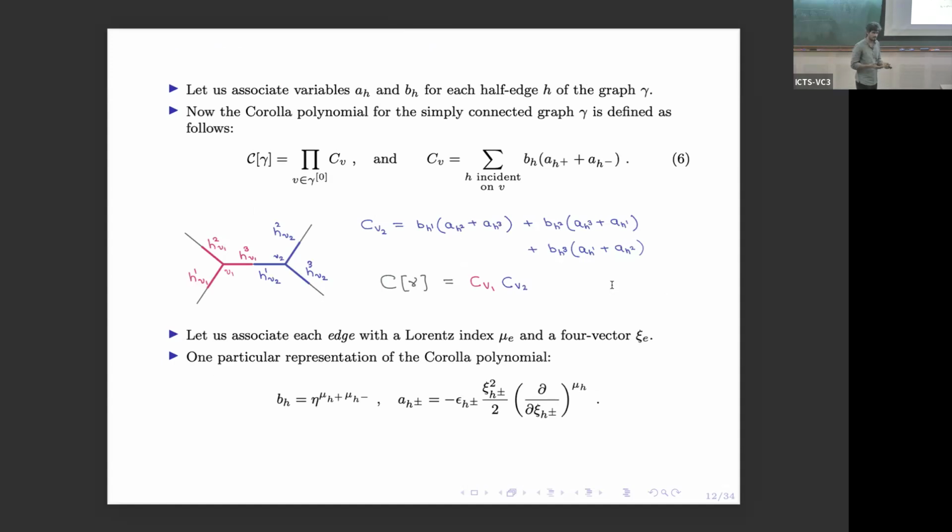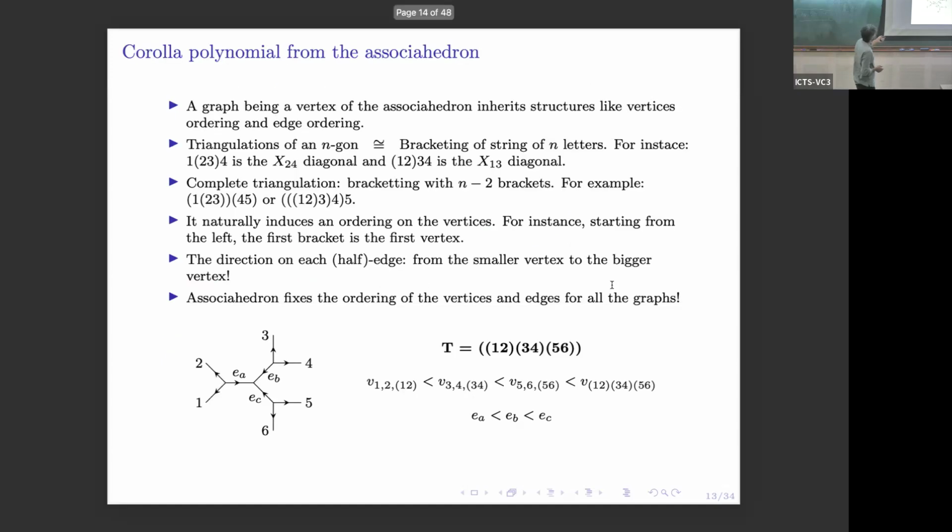It doesn't matter, but the associahedron will tell you that this is one way that you can do it. Another important thing is that if you fix the ordering for one particular graph, the associahedron will tell you what the orderings are in all the other graphs. And how is that the case?